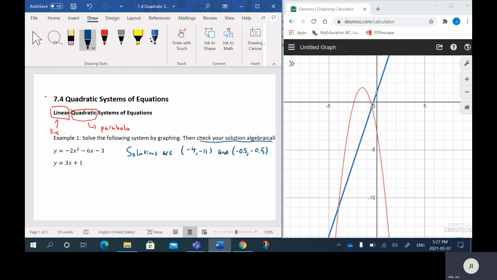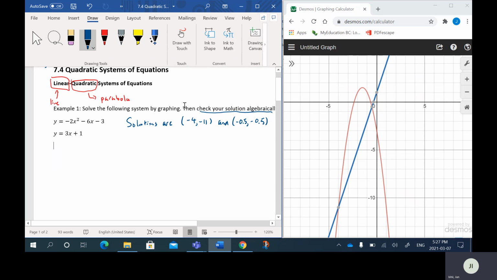We're going to check both of these. Just like the previous lesson, in order to check, we plug these in for x and y and make sure that the left side equals the right for both of them. The first solution I'm going to check is (-4, -11). The left side should match the right.